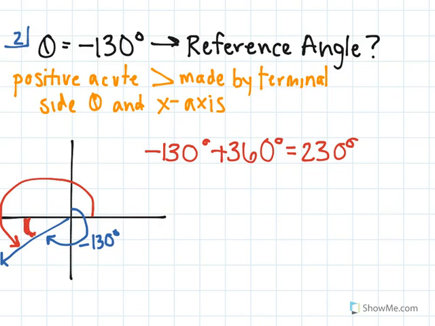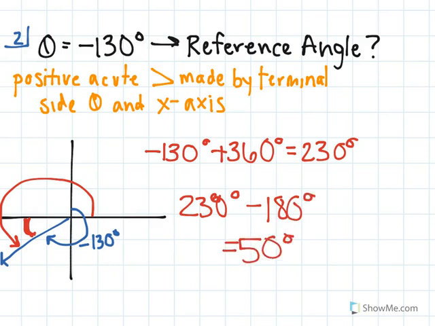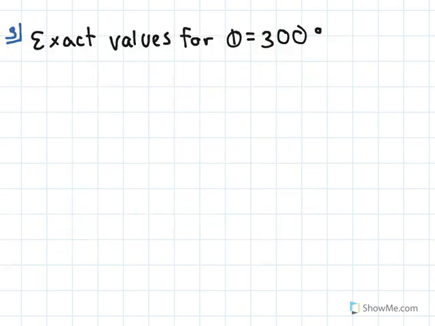So in order to solve for our reference angle, what we're going to need to do is subtract 180 degrees from 230 degrees. So 230 degrees minus 180 degrees equals 50 degrees. And that is our reference angle for negative 130 degrees.